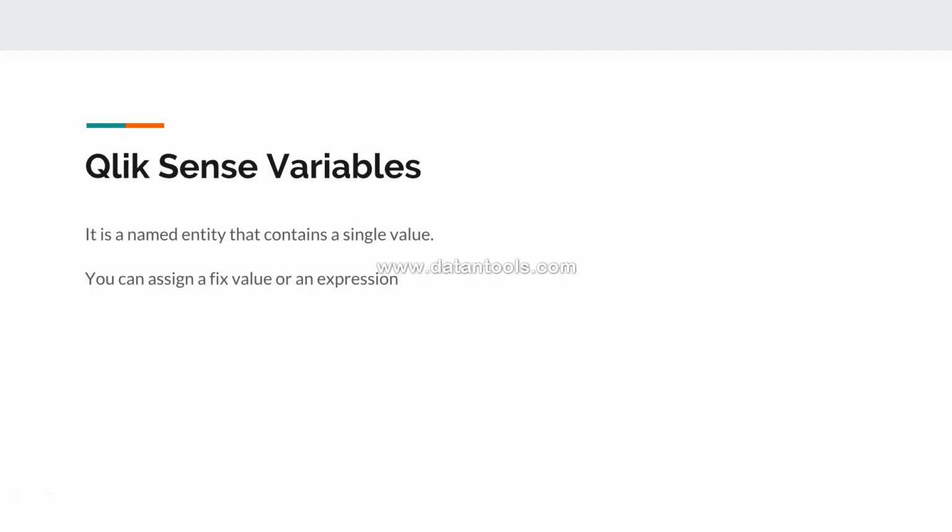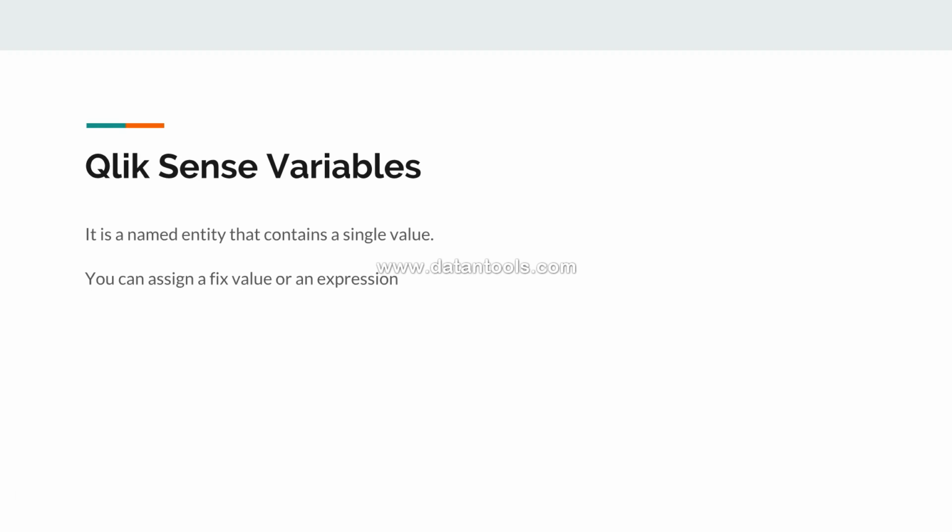If you have that expression within the variable, then you just have to change one variable, and everywhere in the visualizations or charts where you have used that variable, your expression will be changed, and you don't have to go through the pain of changing the expression in 15 different visualizations.